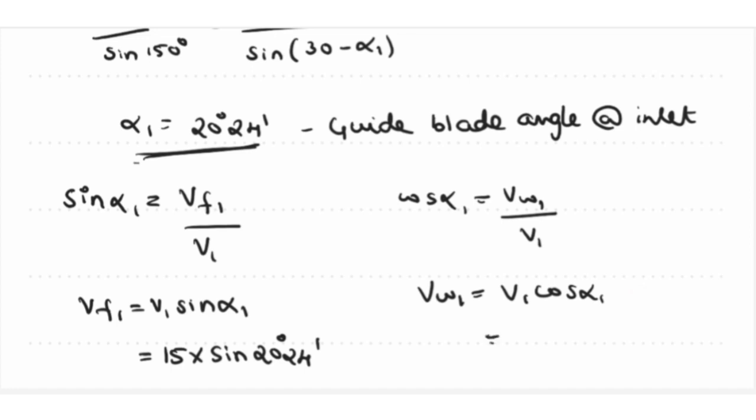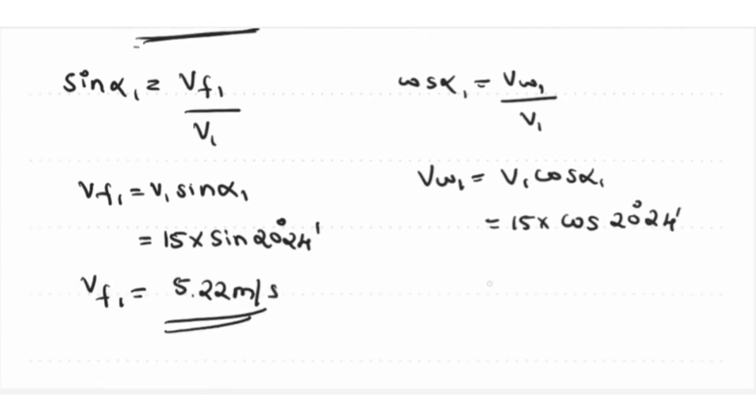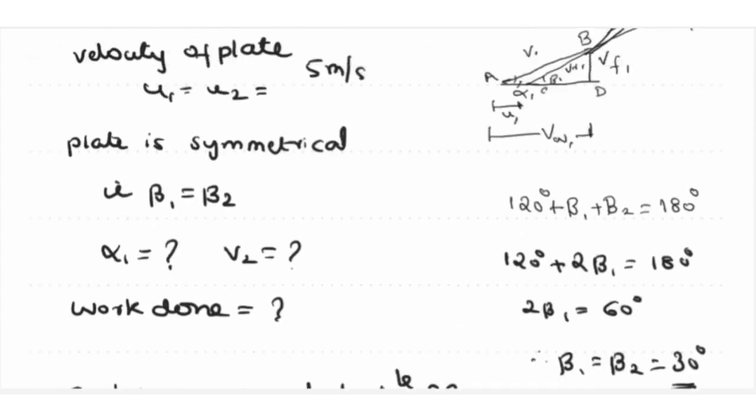So that is V1 is 15 into cos of 20 degree 24 minutes. So you have to substitute and calculate it. So VW1 will be equal to 14.05 meter per second.